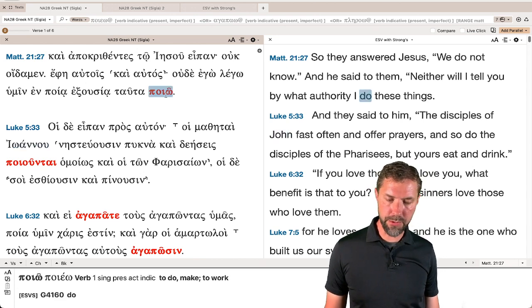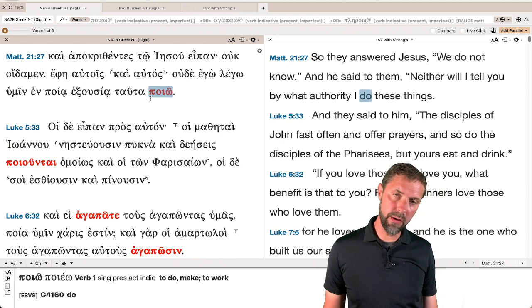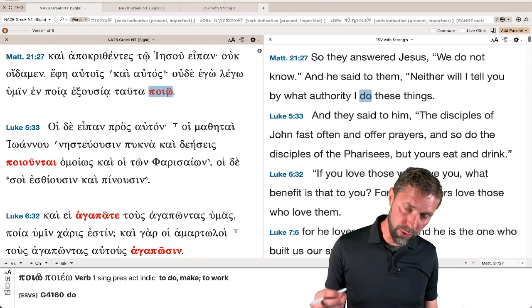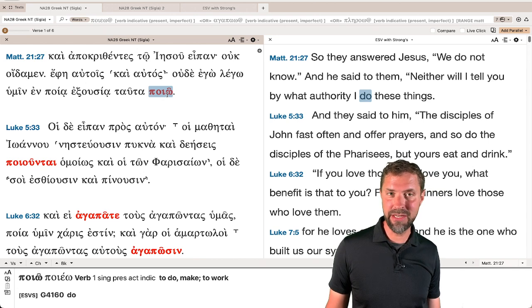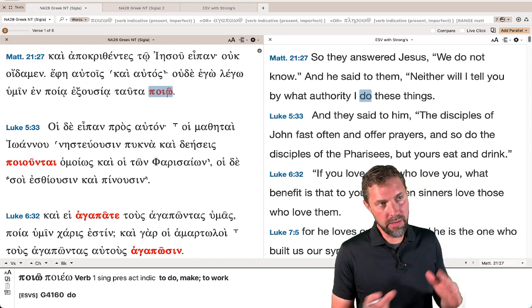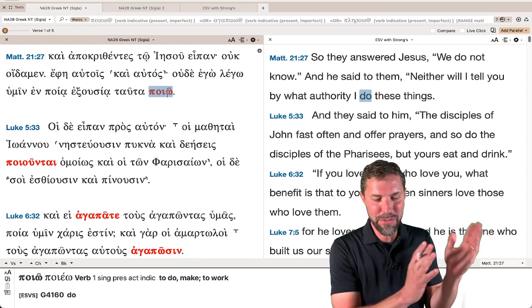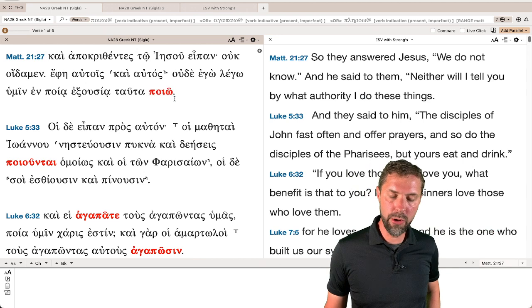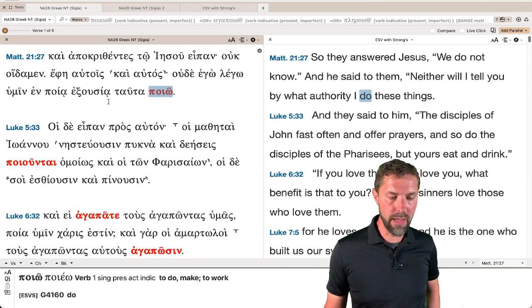This is the first person singular. Your vocabulary form was poieo, and yet when it's actually appearing in the real world, first person present active indicative, right? This would just be your top left form, your most basic form. What I'm actually getting instead of poieo is poio. By what authority I do these things, poio.